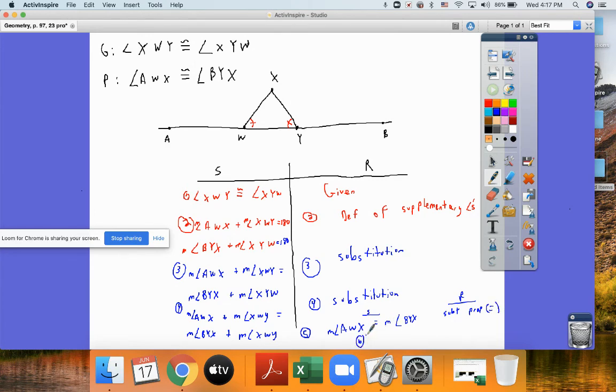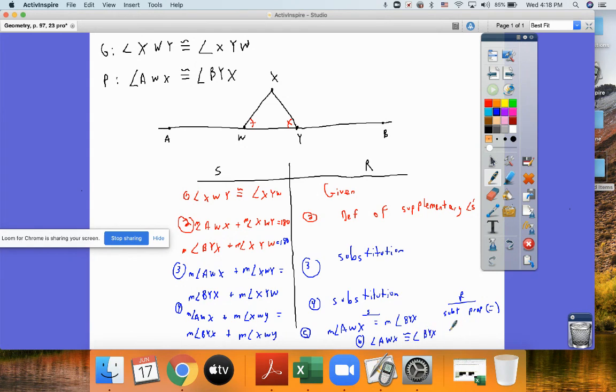Number 6, I have the measure of the angle, and now I'm going to just write it as the angle. So now you're going to have angle AWX is congruent to angle BYX.